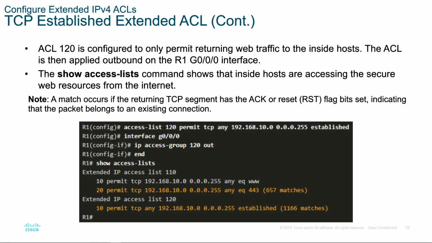Okay, so it must meet all the criteria as well as having an acknowledgement flag bit set in the header for it to completely match the criteria and be allowed.